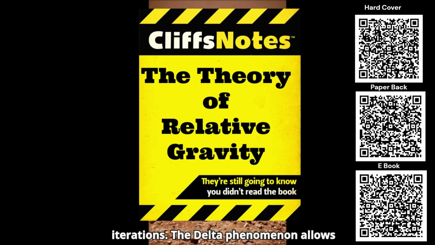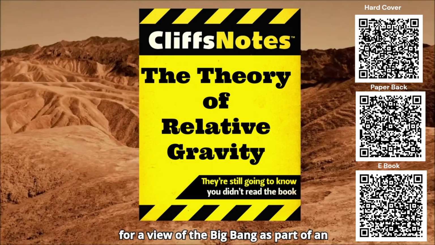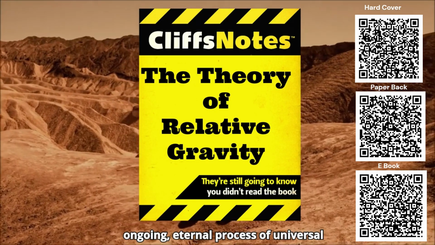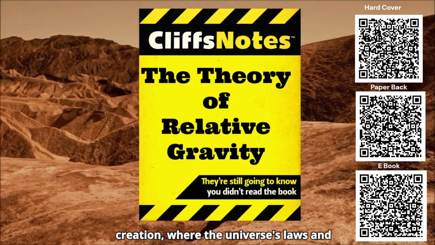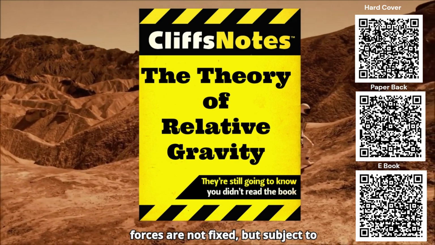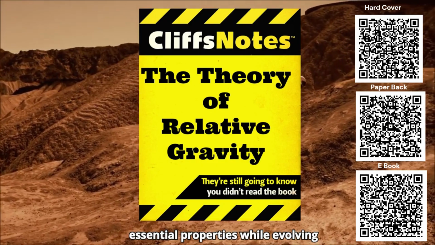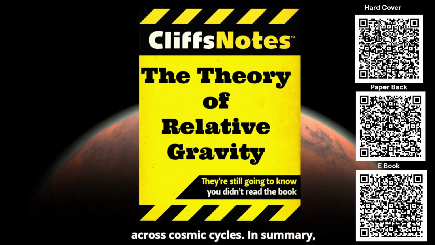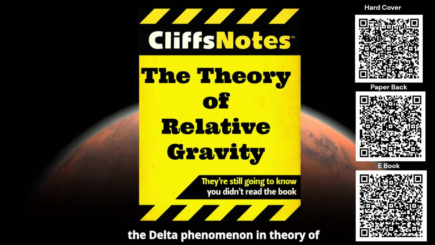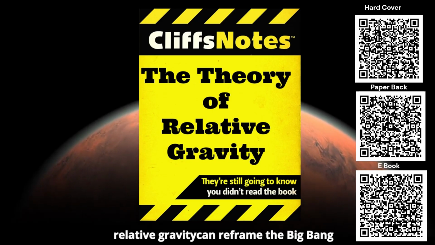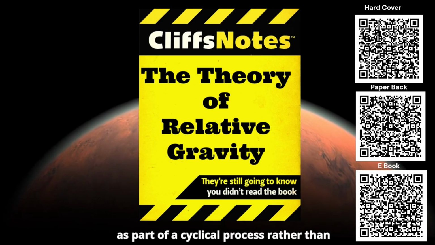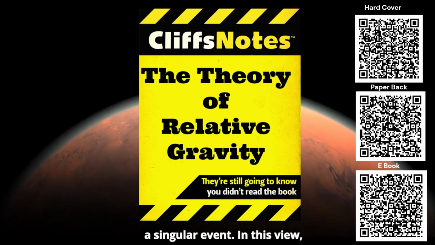The delta phenomenon allows for a view of the Big Bang as part of an ongoing, eternal process of universal creation, where the universe's laws and forces are not fixed, but subject to polymorphic transformation, retaining essential properties while evolving across cosmic cycles. In summary, the delta phenomenon and theory of relative gravity can reframe the Big Bang as part of a cyclical process, rather than a singular event.